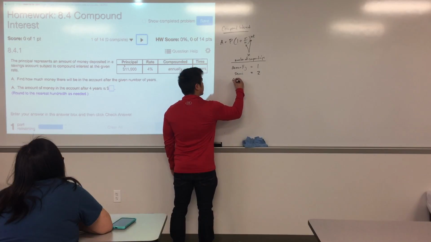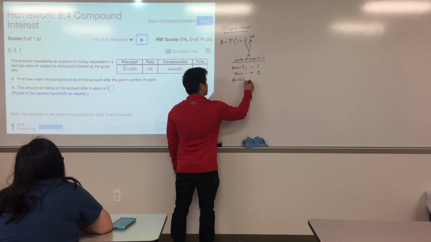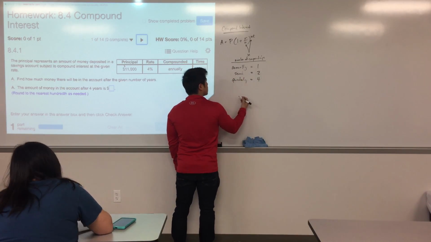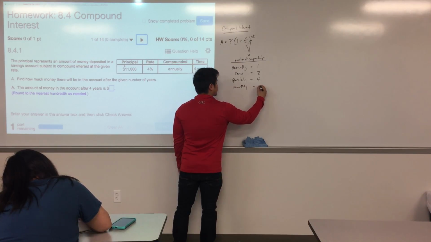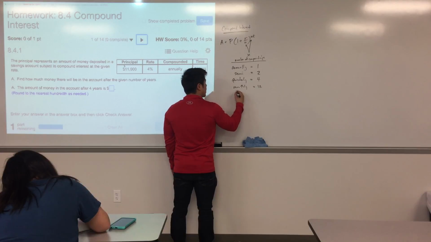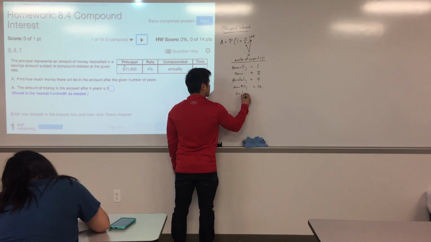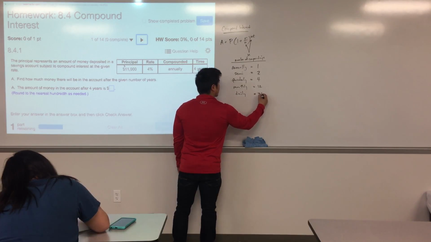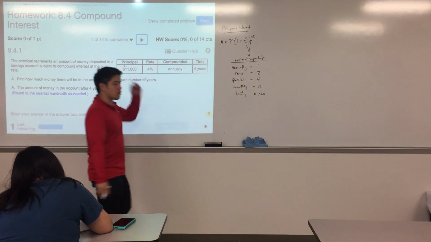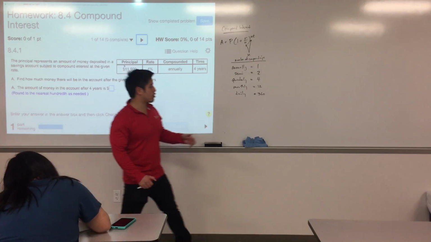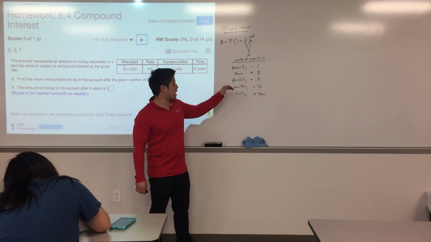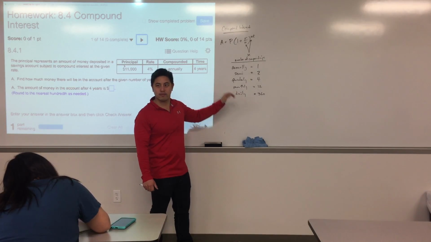Then we have quarterly, which is 4. Monthly, which would be 12. And then we have daily, which would be 360. They're not going to go off of 365 days in a year, they'll go off 360. Your 30 would actually technically be a monthly situation, right?